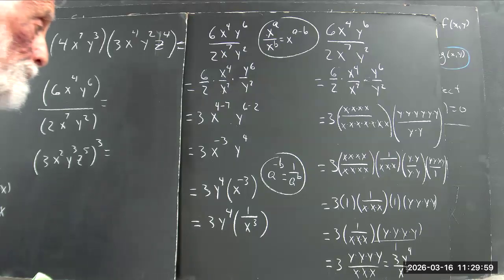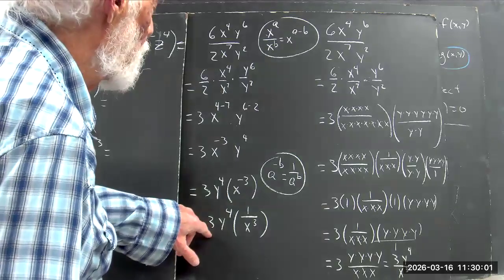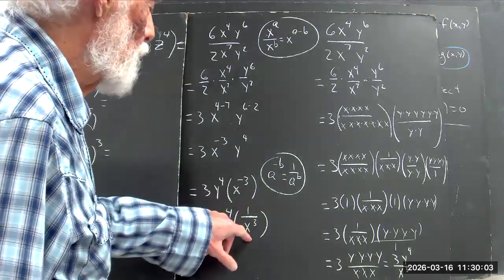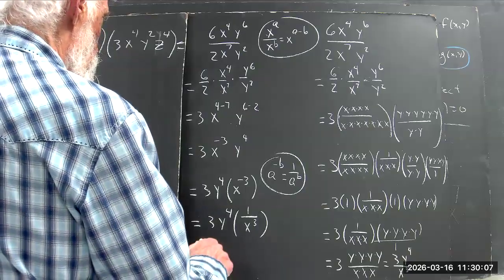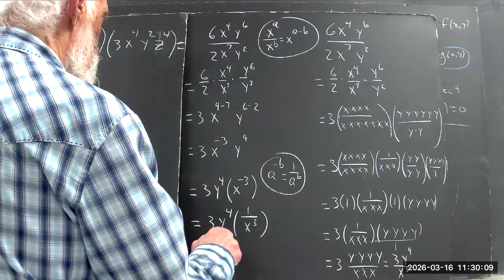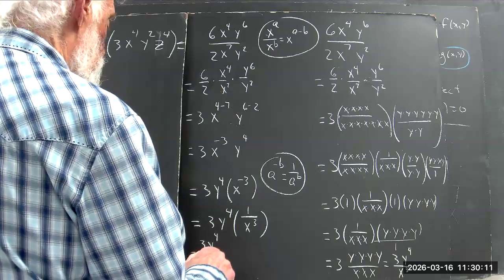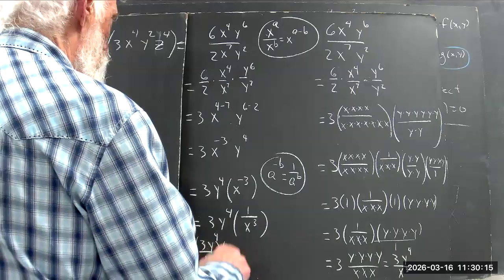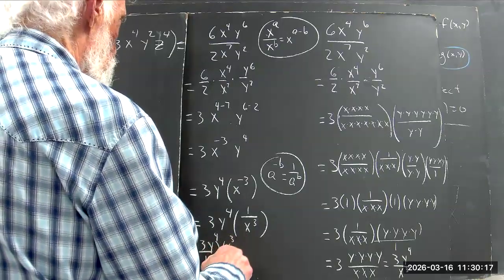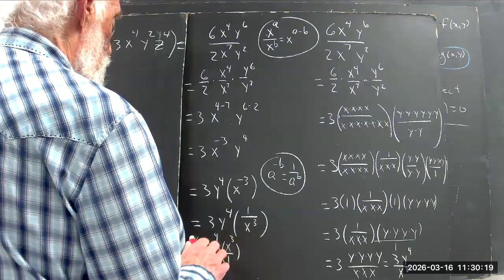Okay, then we have 3y to the fourth times 1 over x to the 3. We could write that just to be real specific about it: 3y to the fourth over 1 multiplied by 1 over x cubed.